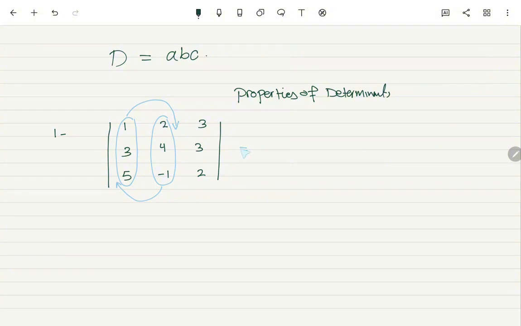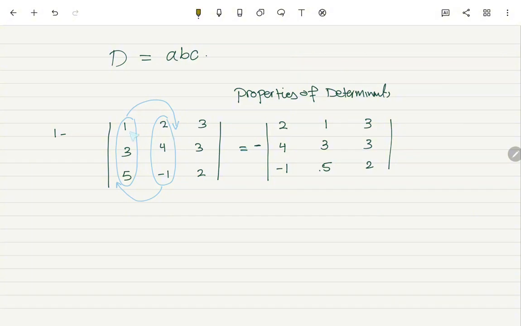After doing this procedure, you will get 2, 4, minus 1, 1, 3, 5, 3, 3, 2. Now this determinant equal to this determinant with minus sign. The value for this determinant, it's equal to the same value here with negative sign.